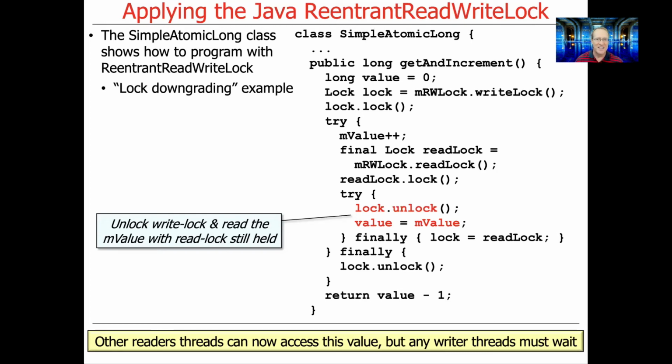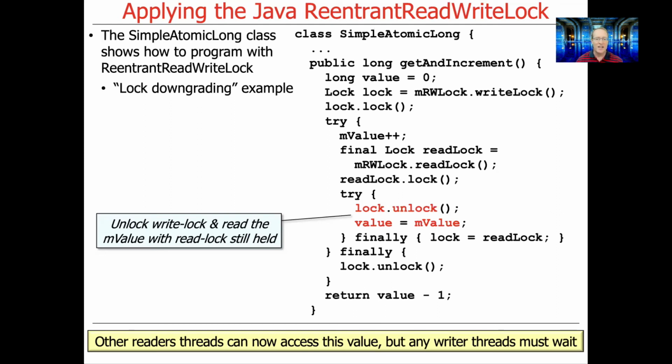So what this means in practice is that if there are multiple threads now coming through to read the value, like doing get calls, for example, they can all proceed at this point. But anybody who comes along to do an increment or a change to the value is going to have to wait. So we've downgraded the lock from being exclusive to being shared.